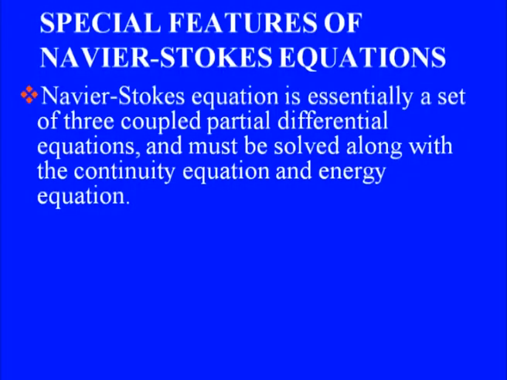Now what are the spatial features of Navier-Stokes equations? When we look at Navier-Stokes equations, what we call them is essentially our momentum equations for a Newtonian fluid, and momentum equation is a vector equation. So that essentially means that Navier-Stokes equations are a set of 3 coupled partial differential equations.